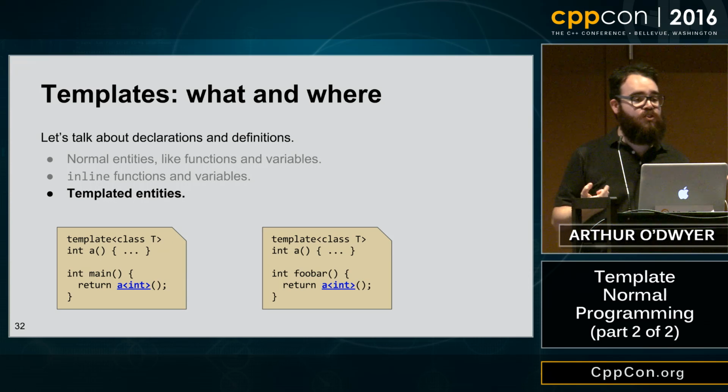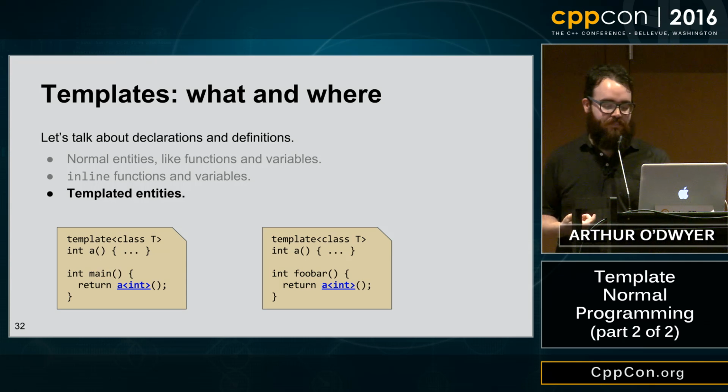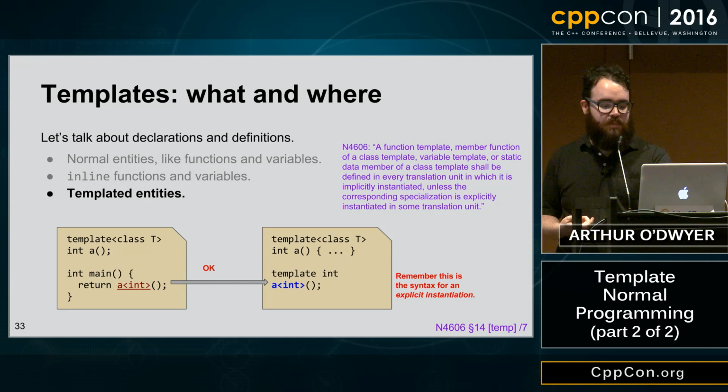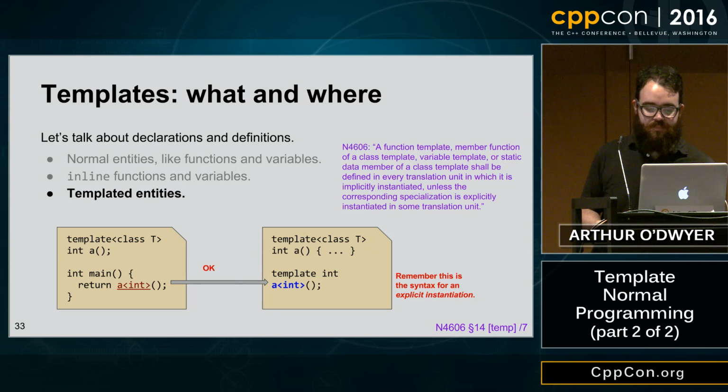Again, we have two definitions, and again, the linker does its magic thing that it does for inline, which is throw away all but one of them. By the way, the buzzwords to remember there are link once section, if you are on GCC or Clang or a Unix C type operating system, or for Windows, comdat sections is how that's actually implemented. You throw away all but one of them.